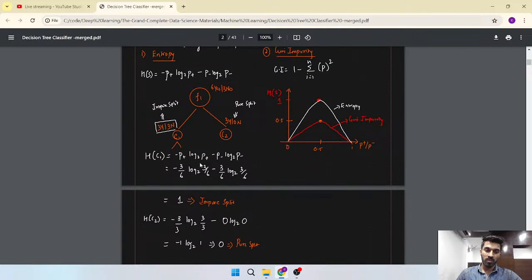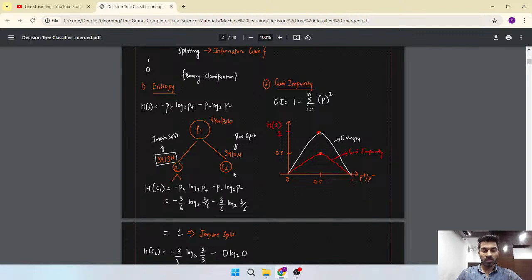This is an impure split. If you get a pure split, like here you can see 3 yes and 0 no, then further split is not required after this step. So basically your aim is to find the pure split. If you get a pure split, then this is the fine split.